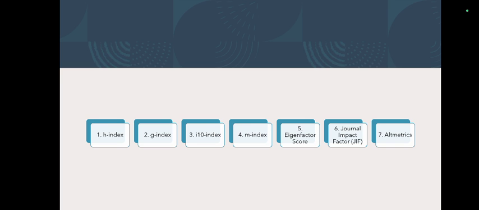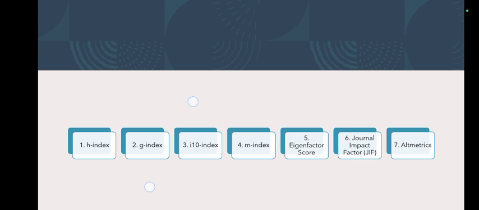That's why, whenever we publish a research paper, we should keep in mind that the research we publish should be continued by somebody else, to show that our research has significance in the particular area.